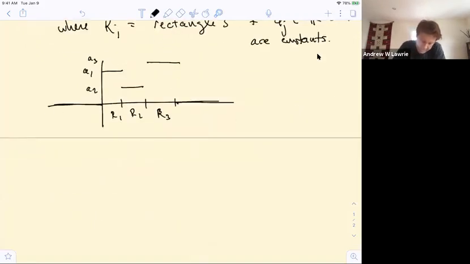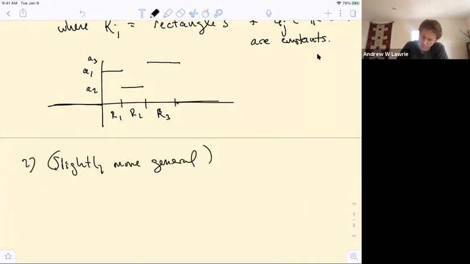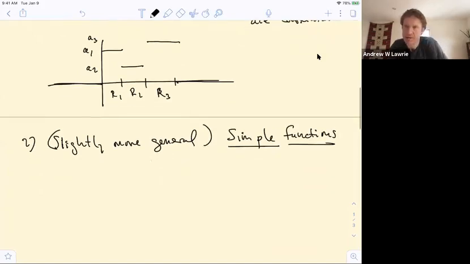And the second example is slightly more general. What are called simple functions. For these, we'll just relax the requirement that the sets be rectangles.